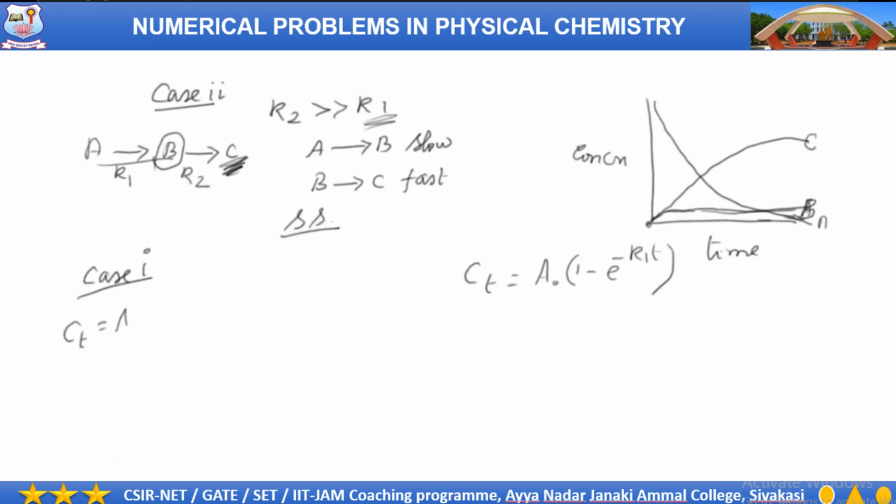That is also A0 into 1 minus e power minus K2 t, where K2 is very, very small and therefore rate determining. Look into these two equations. We will work out one or two problems on this and close this chapter.